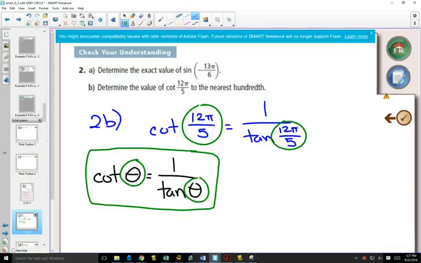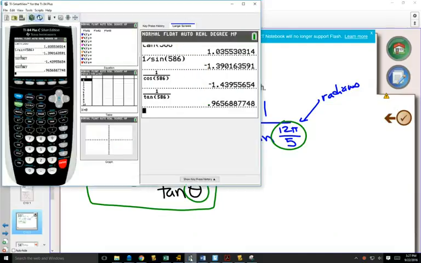Now 12 pi over 5 is in radians. So we have two options. We can either change that to degrees and type it into our calculator, or when we go to our calculator, we can go to our mode button, or see if our calculator is frozen.